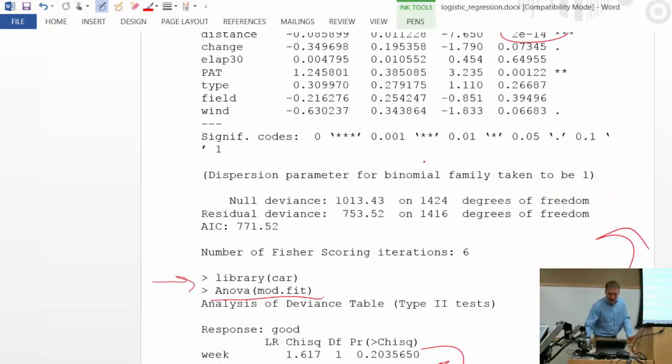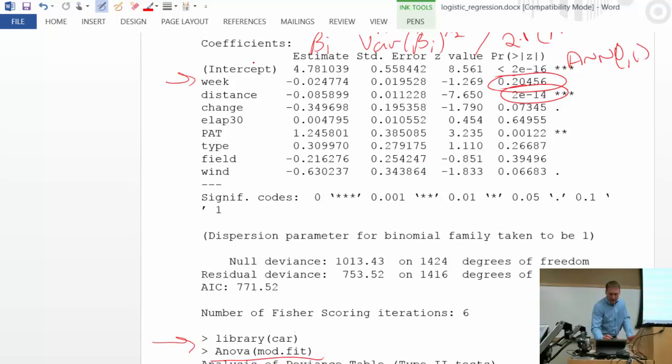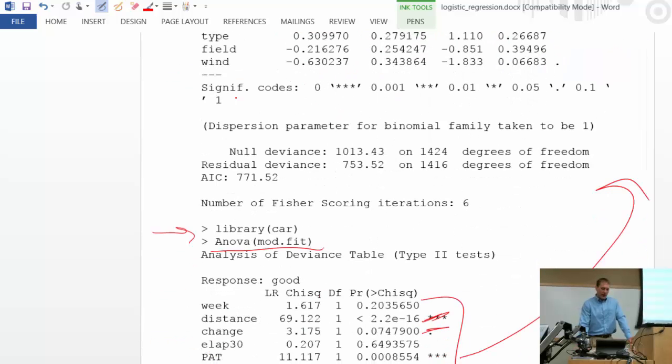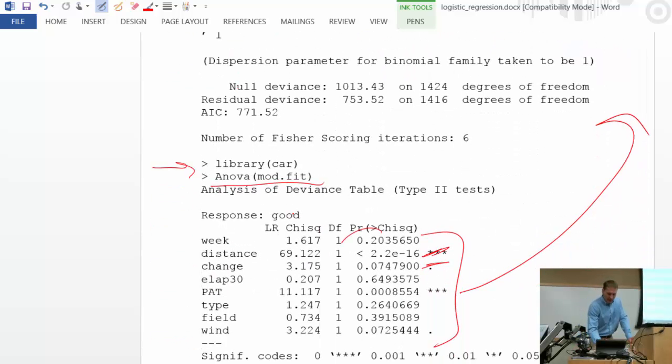But let's say I ask you the same kind of question about week. What happens to the probability of success as week increases, the week of the season? Does it go up or down? It goes down, but you have to be very careful on how you interpret that, because notice the p-value here, 0.2. So you would say don't reject H0 for the actual beta for week.